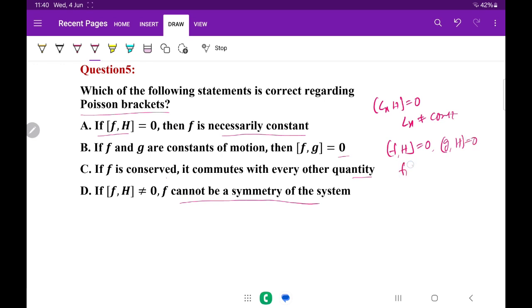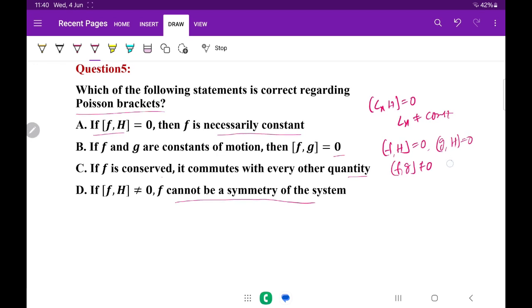Their Poisson bracket, f comma g, cannot be assumed to be 0. Sometimes it may be 0, but it is not always true. For example, if you take angular momentum commutators, Lx, Ly will yield Lz, right? All are conserved, but the bracket is non-zero. So this is also false.